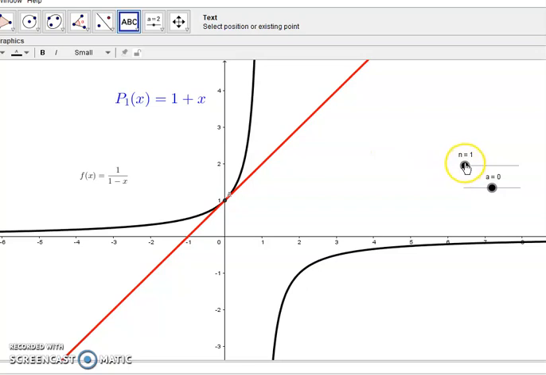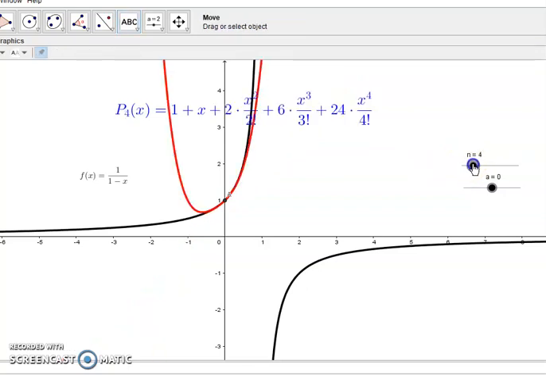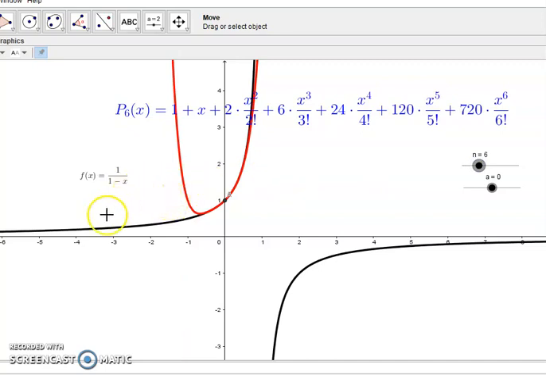But as I slide the n up here, now this is centered at 0. Now you guys notice that the red graph is now sticking very close to the function 1 over 1 minus x, but only when the x values are between -1 and +1. That's indicating the interval of convergence there.